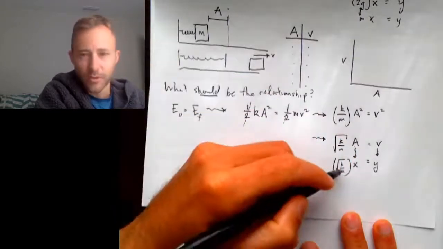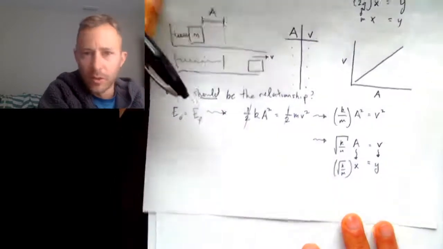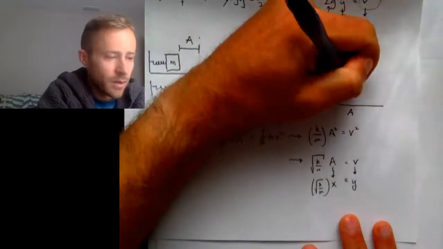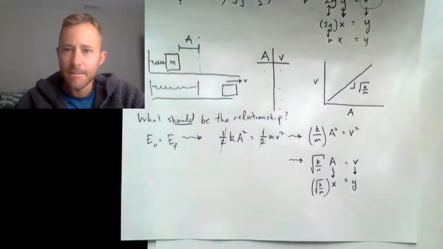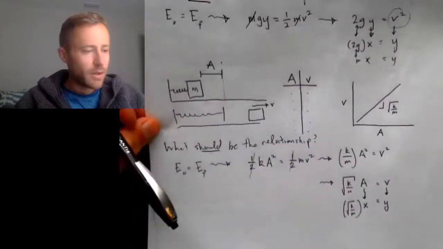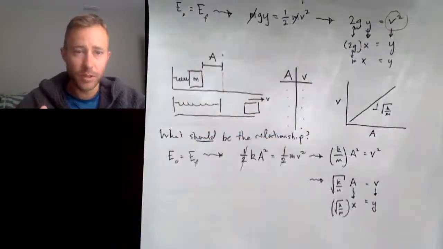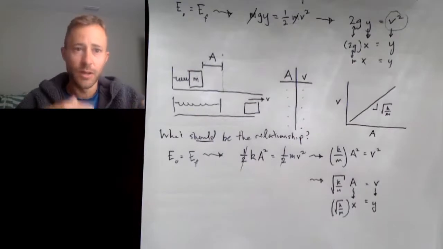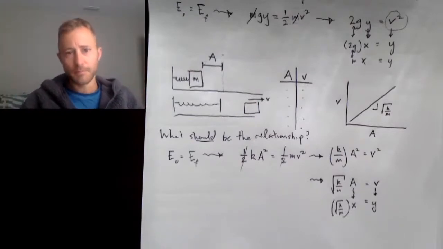So what that means is that this relationship is a line with a slope of the square root of k over m. All right. So what we're doing is learning how to interpret the slope from your experiment. Because usually what you do in physics is you collect data, you make a graph out of the data, and the slope means something, okay?